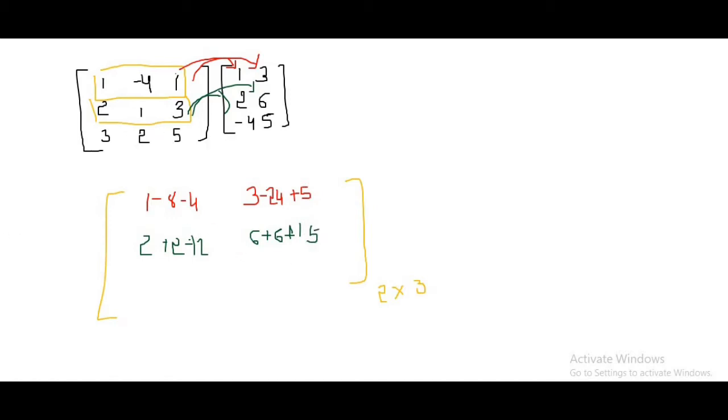You can guess the final row of the final matrix. We take the last row and multiply it with the first column. 3 times 1 is 3, 2 times 2 is 4, 5 times negative 4 is negative 20. And we take the row and we multiply it with the second column of the second matrix, which gives us 3 times 3 is 9, 2 times 6 is 12.